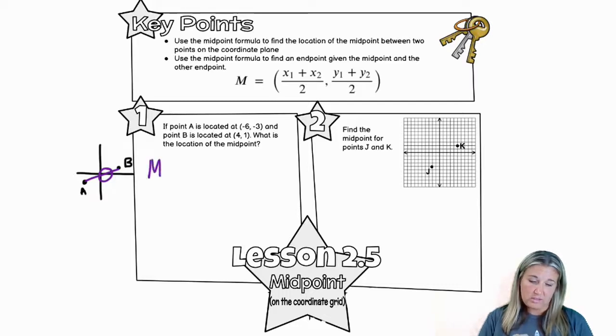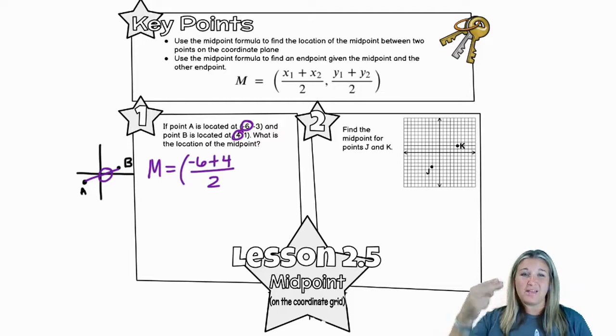So the midpoint, I have this 2 times. So I'm going to find x1, I'm going to say is -6. x2, I'm going to say is 4. So notice that both of these are my x variables right here and right here. Then divide by 2. Okay, so that's going to be the first thing. That's going to be my x coordinate.